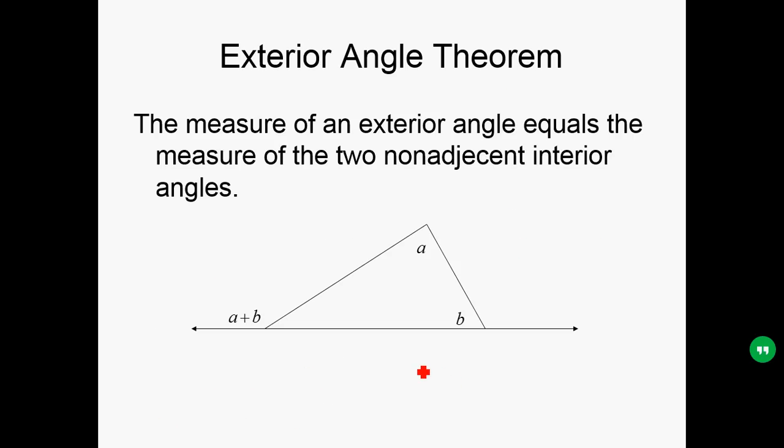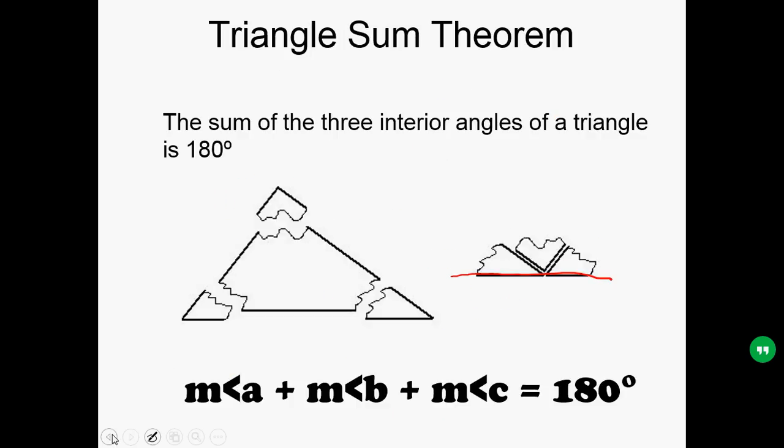And now taking a look at the exterior angles. When you're working with exterior angles, if you go back to that picture where we ripped apart the corners, I'm going to jump back to that slide real quick.